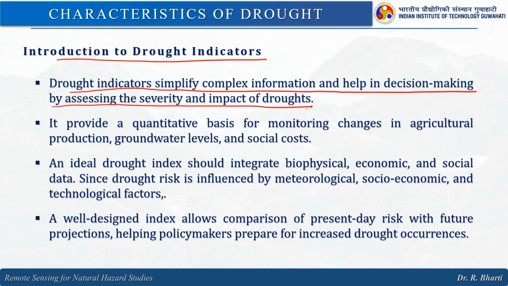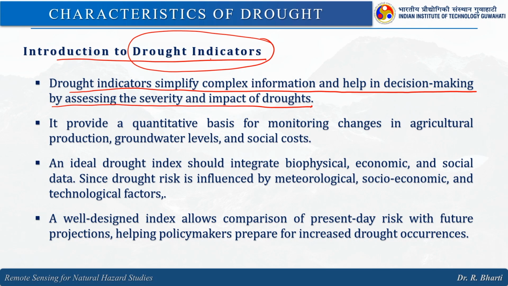So, let us say just verbally, if I say this area is experiencing drought, how will you interpret this statement, whether it is severe, whether it is in the beginning phase, whether it is normal. So, for that we need to have some kind of drought indicator which will be used by the policy making people or the decision making people, and they will be able to mitigate or help the local people, right.